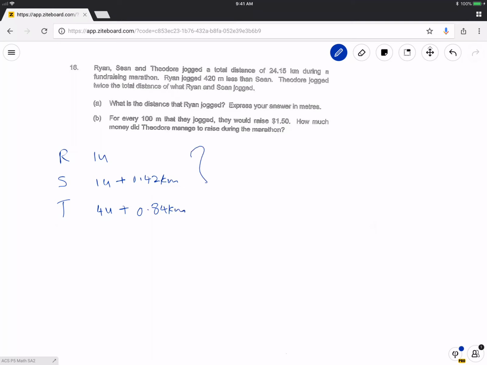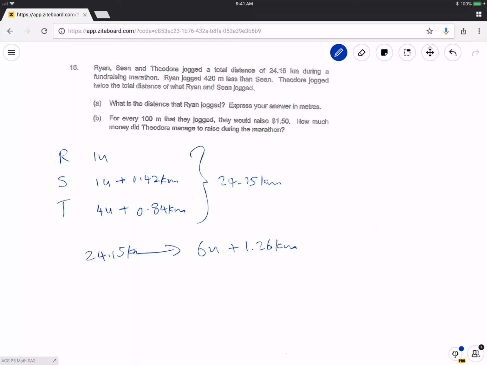And this whole thing is 24.15 kilometers, right? So what is the distance that Ryan jogged? Now this 24.15 is made up of 6 units and a certain distance, 1.26. So 24.15 is equivalent to 6 units plus 1.26 kilometers.